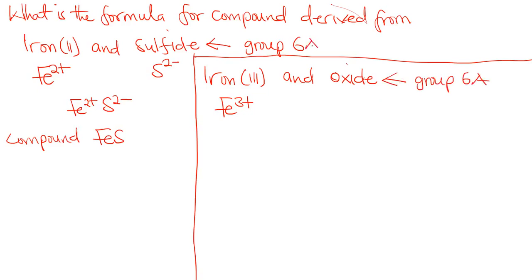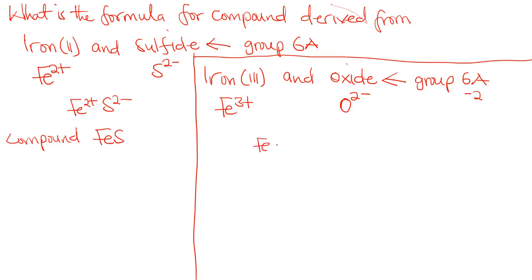So this one is also group 6A. So oxygen is in group 6A. Therefore, the charge is -2. So the oxide here is O2-. So remember, we want to write a formula for a compound derived from Fe3+ and O2-.